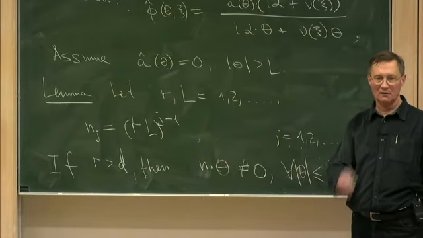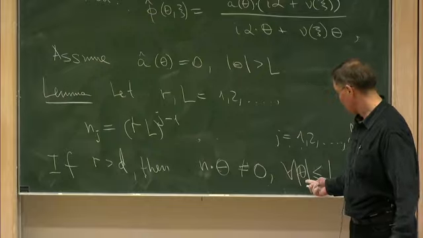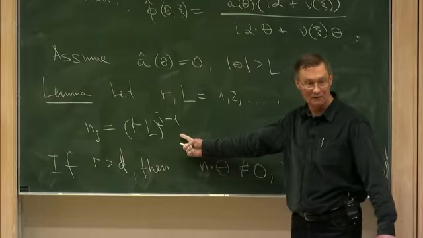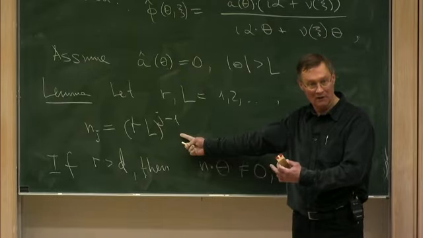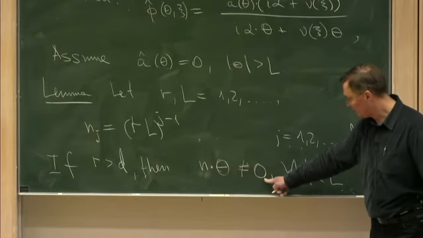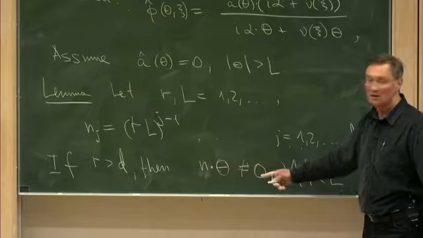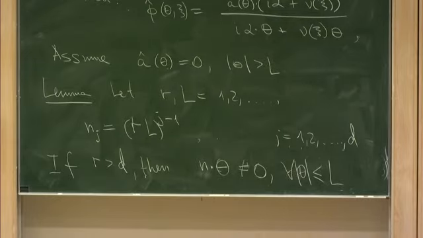Okay? That's exactly what I want. So if I choose n like that for given L, then I will never have orthogonality. This is how this direction alpha is chosen. Choose just the direction of vector n like this.